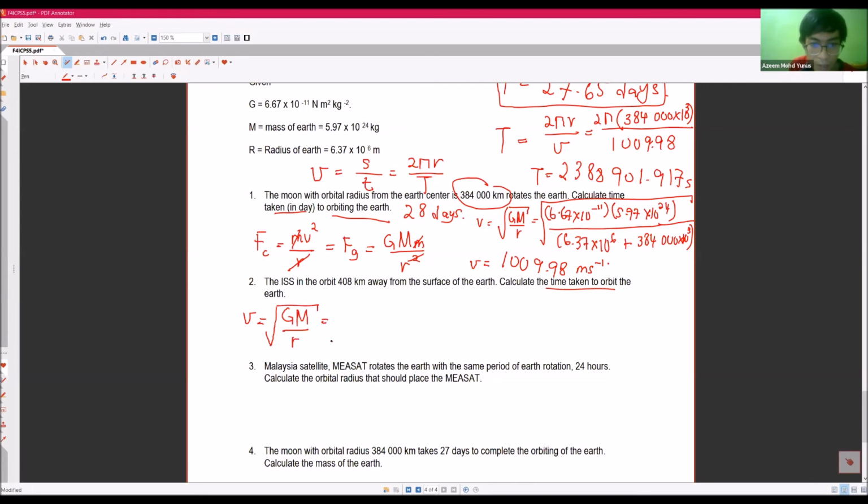So G is 6.67 times 10 to the negative 11, the mass of the Earth, 5.97 times 10 to the power of 24, divided by r, 6.37 times 10 to the power of 6 plus 408 kilometers.